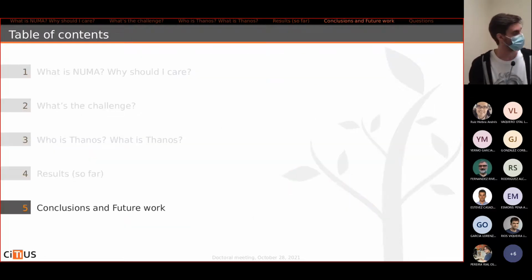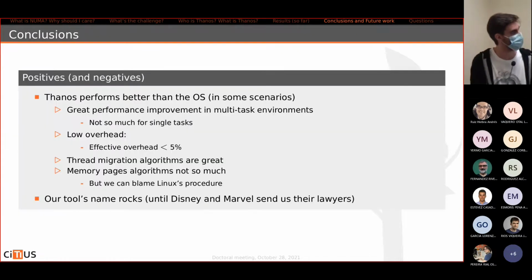And finally, we have some conclusions here. One positive we have is that Thanos performs better than the operating system in most cases, those cases related with multitask environments, but we have some improvements to do in single task environments. We have a low overhead, which is positive for us because we have less ground to recover here.